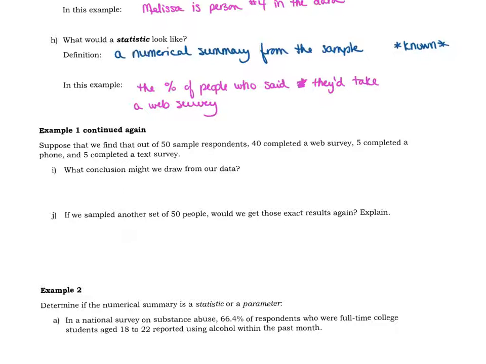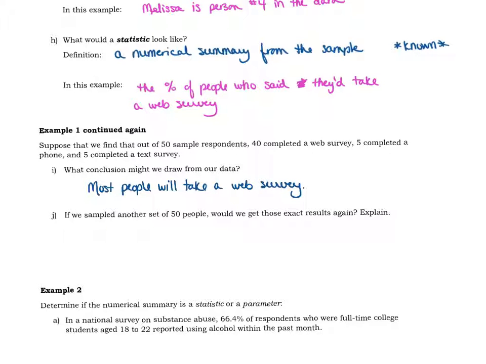You could also say not very many people are willing to take a phone or a paper survey. Sorry, I changed the word there in my notes for some reason. Or, 4 times as many people would complete a web survey compared to a phone or paper survey. Write down whatever version of that you want. Most people will take a web survey is what I'm going for.